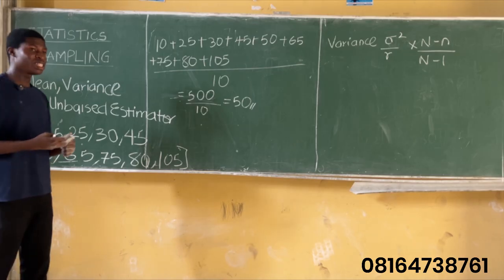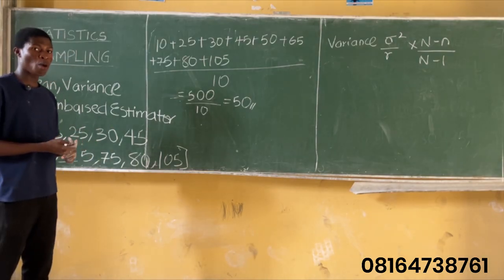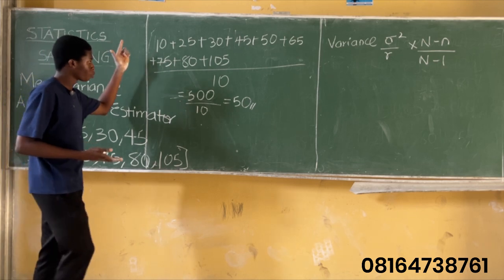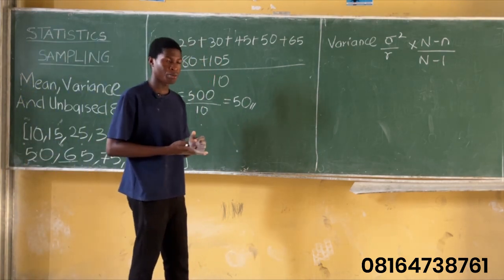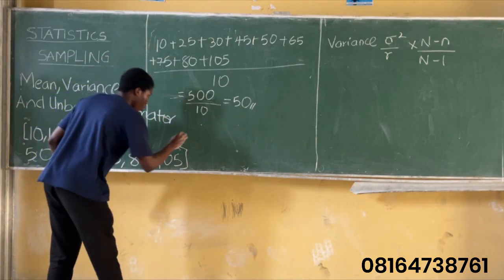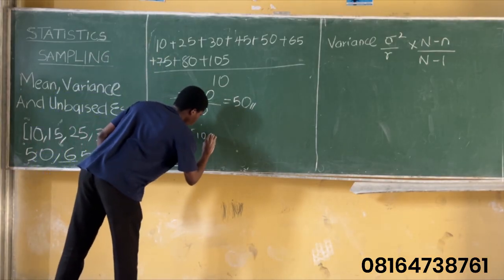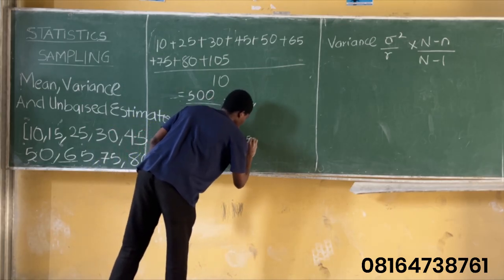Another method is using the whole sample. Earlier in the question, they said without replacement, and we wrote out the whole sample without replacement, which gave us 45 samples. So using without replacement, we have 10, 15, 10, 25.